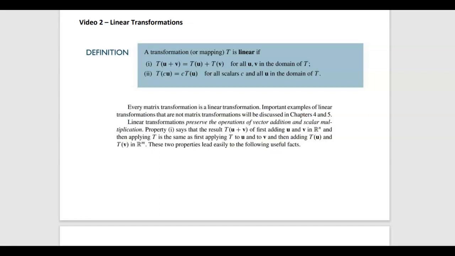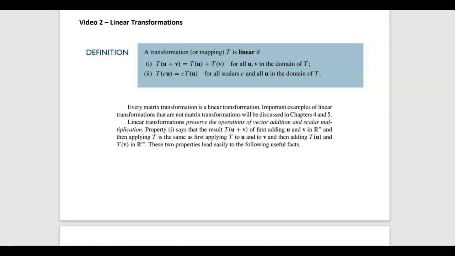All right, so by definition, we say that a transformation is linear if it holds the addition property indicated here and it holds the scalar multiplication property here. And we'll show in our first example kind of what that means with the scalar multiple and also with the addition.